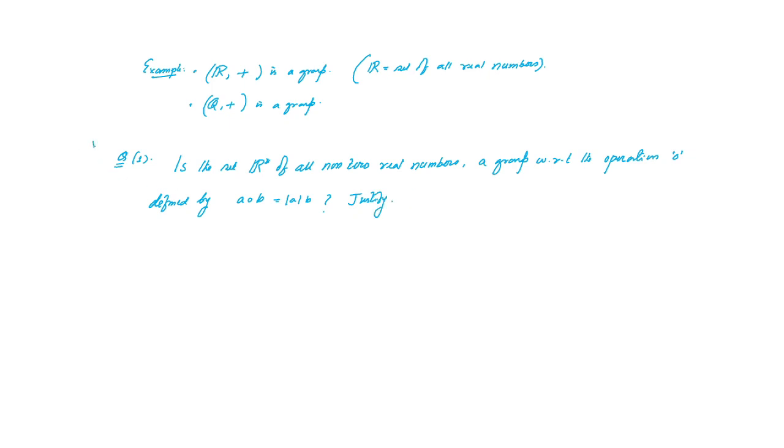So this question is very, very important. Is it a group or not? How to check? So what is exactly given? We'll come to that later, whether it is a group or not, but what is given? R star. R star means R minus 0, that means the set of all non-zero real numbers.